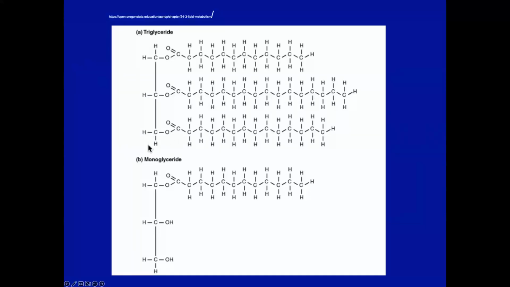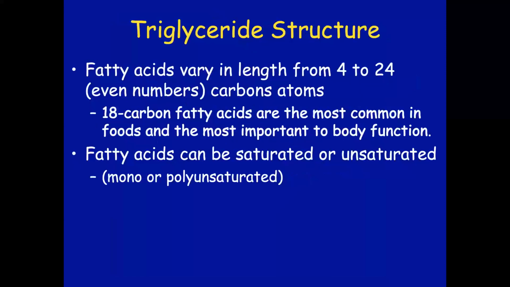So if you take a look at the left, the part of the structure that's on the left is going to be that glycerol backbone. And the chain is going to be hanging off that backbone. There will be three for triglycerides. And the connection will be through that acid group, that COO group.